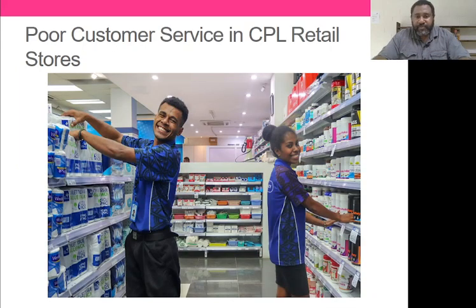If we talk to them and they explain some of the problems they might have faced, maybe one of the problems we might have identified is that there's poor customer service in the CPL retail stores. In all of their stores throughout the country, one of the issues they have identified is poor customer service.